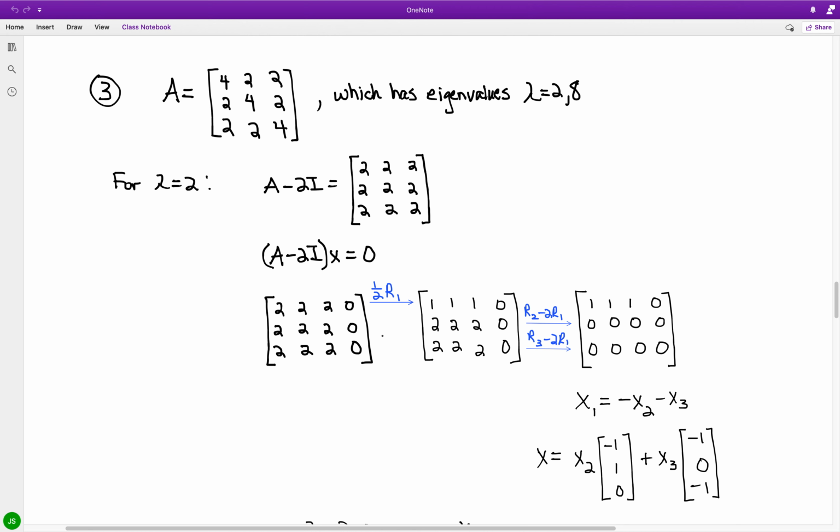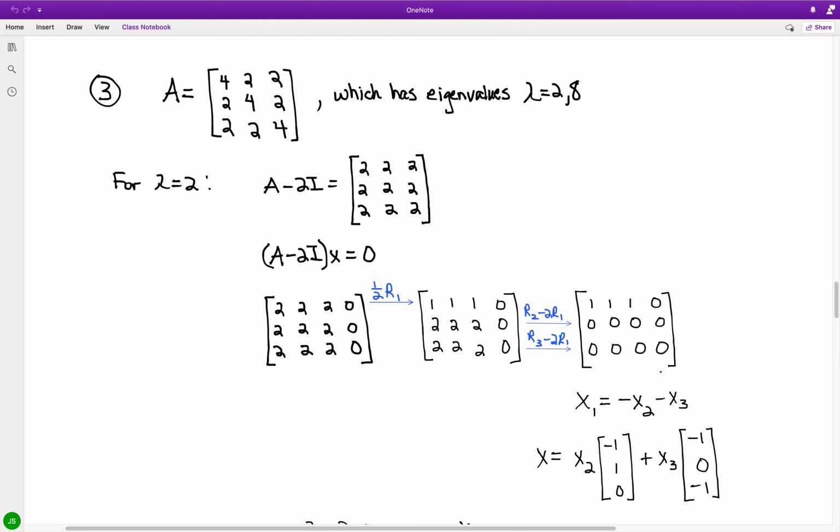For the reduced echelon form, we end up with 1, 1, 1 in the first row, and zeros exclusively in the last column. The second and third rows are going to be nothing but zeros.